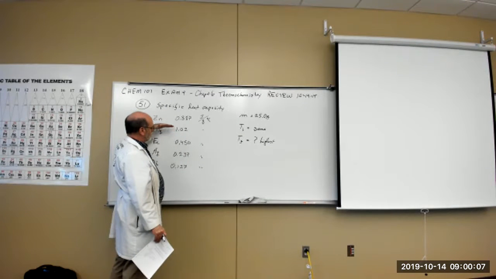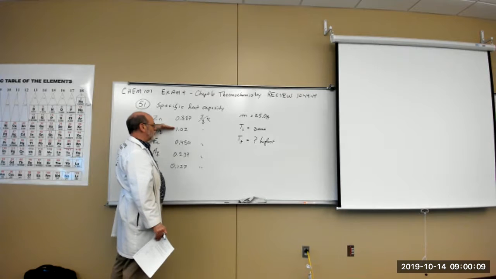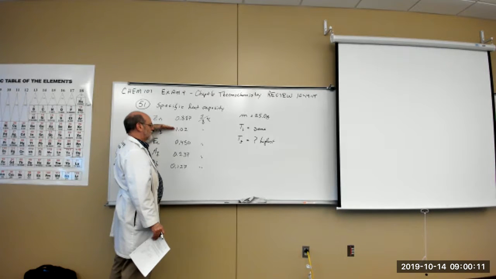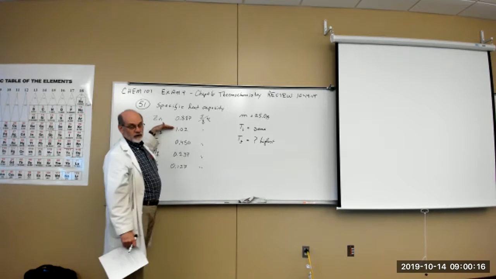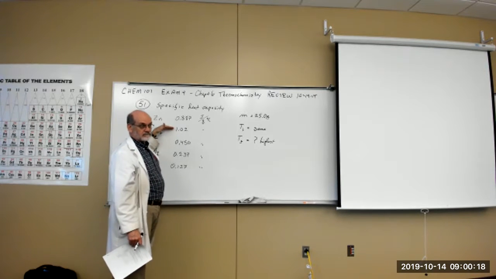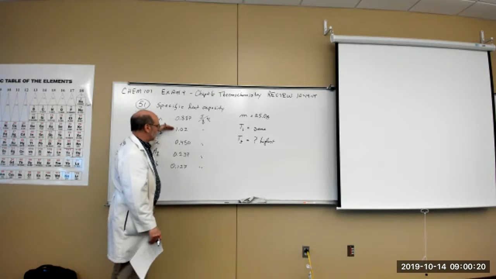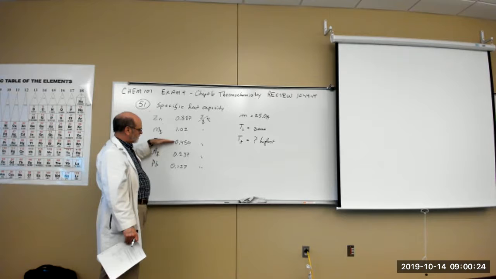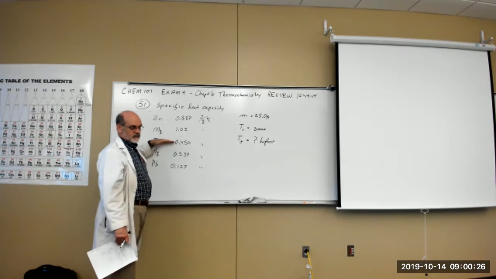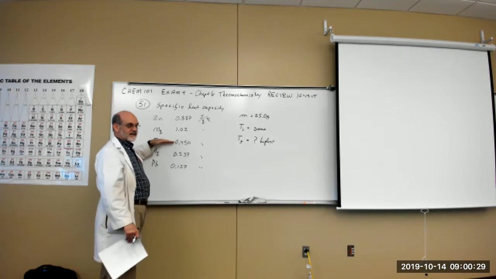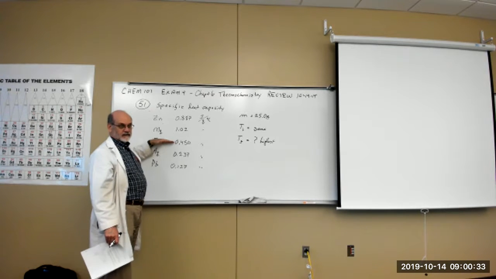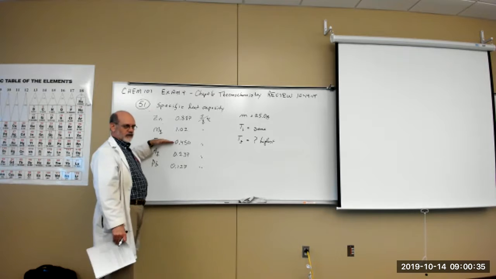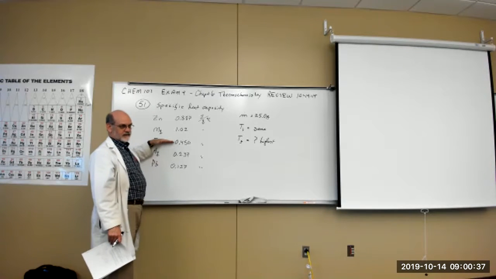If you add 1.02 joules of heat for every gram, the temperature rises 1 degree centigrade. If you add that same amount of heat, 1 joule, to the one with half the value, then it rises twice as much, because it only takes half a joule to raise the temperature 1 degree. Then you stick the other half joule in there, it raises it another degree.